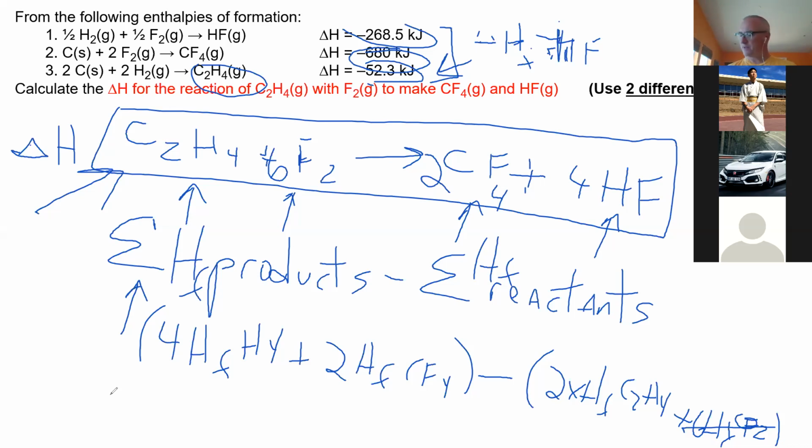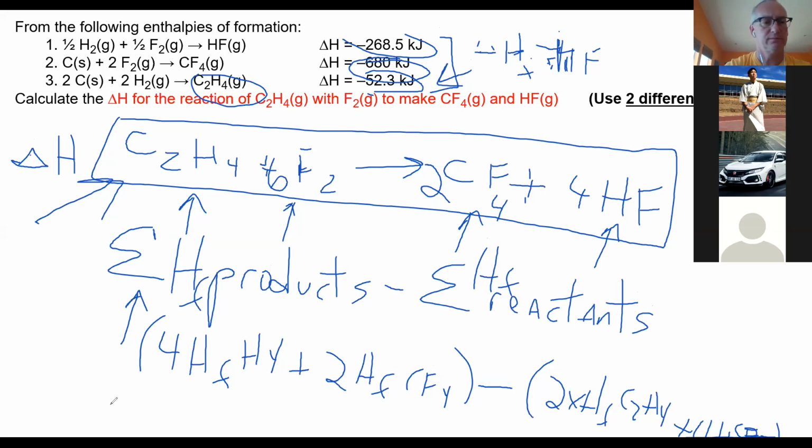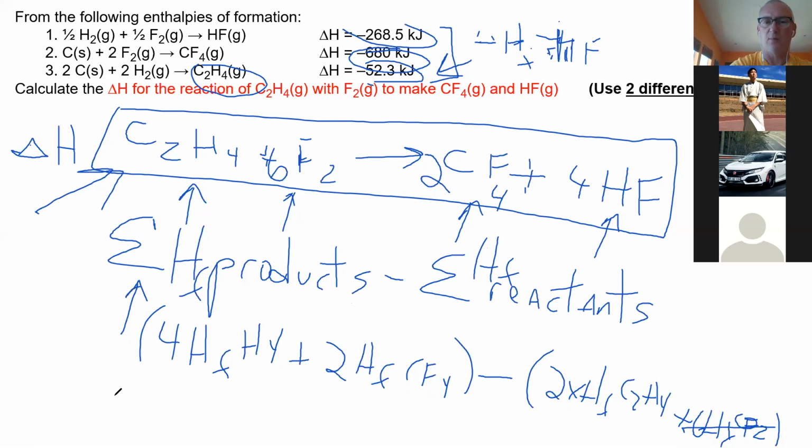So I'll give you the answer you should get. Once you've figured it out, it should be minus 2382 kilojoules. That's a rounded number, right?